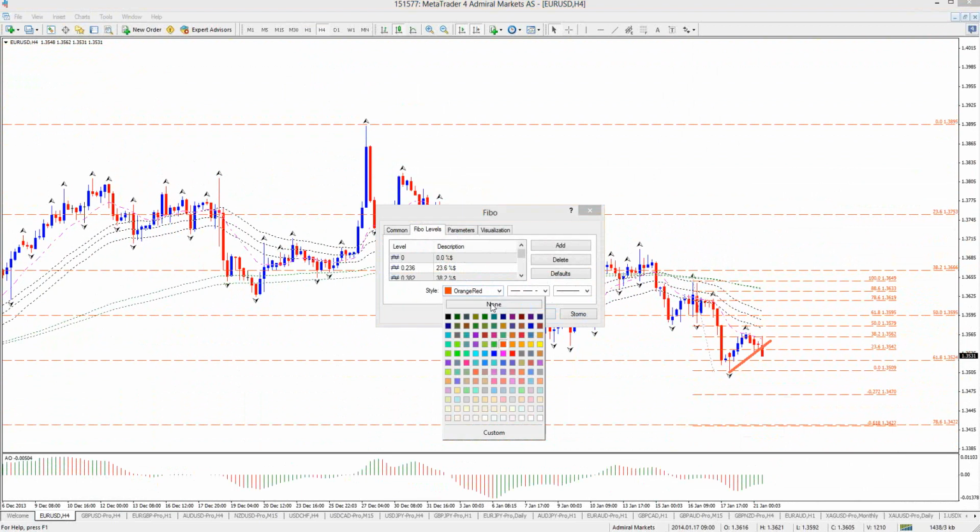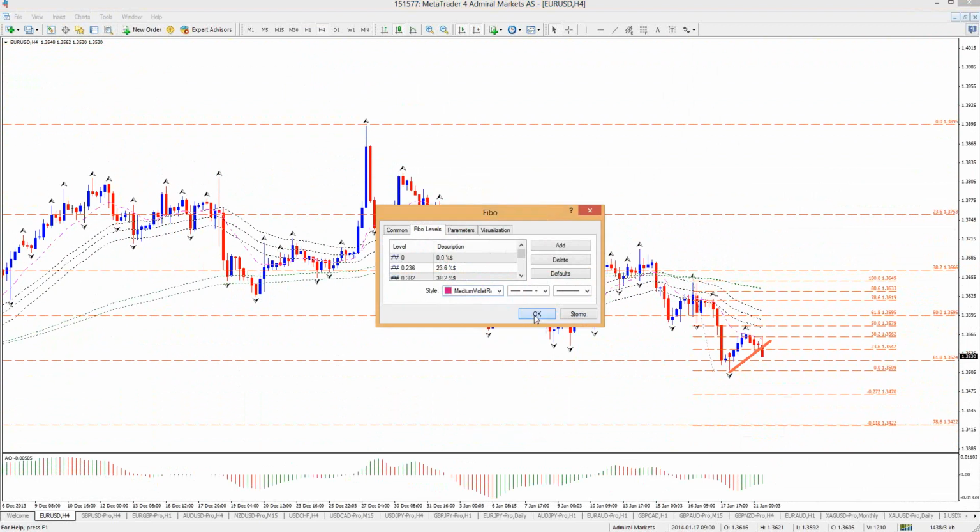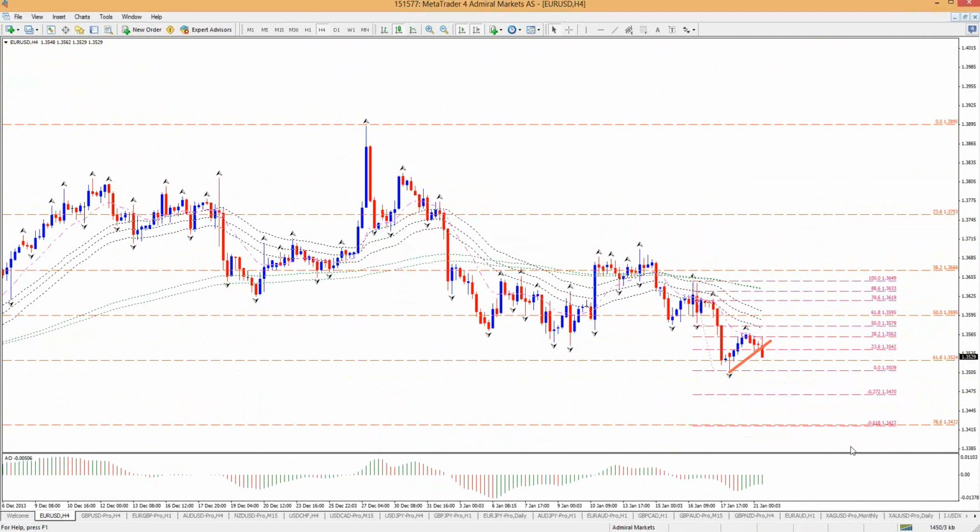So I'd rather trail stop it and see which one seems the most realistic. The minus 618 definitely aligns up nicely with the 78.6 at 134.20, but I'd rather set myself up here for a trail stop than a fixed TP.